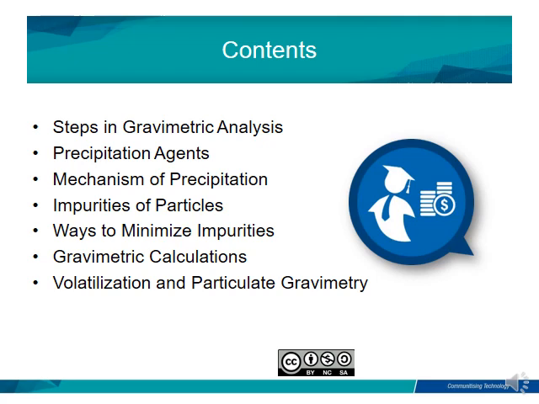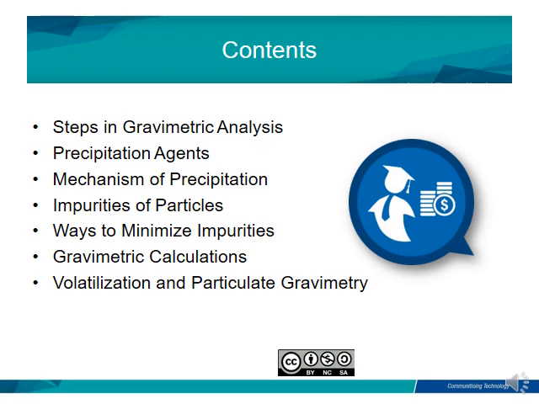Next is the impurities of particles. Okay, so by the time the precipitate forms, actually they will also invite impurities that will agglomerate with the precipitate. Okay, next is ways to overcome the impurities problem.